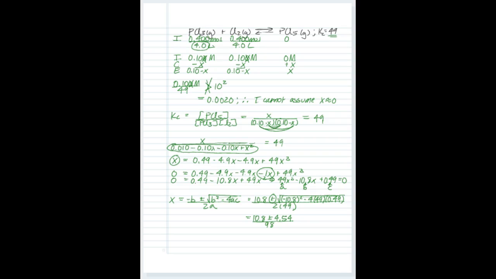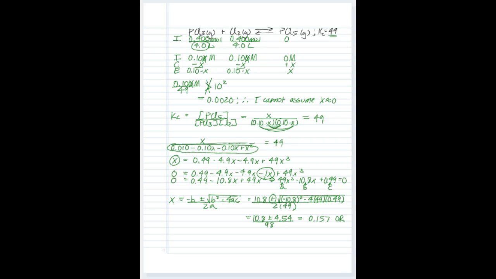Let's do both the addition and the subtraction here. So for the addition, if I add 10.8 to 4.54, and then divide that whole thing by 98, I get 0.157, okay?